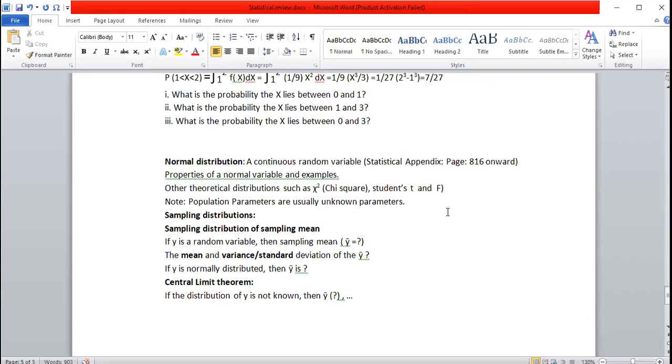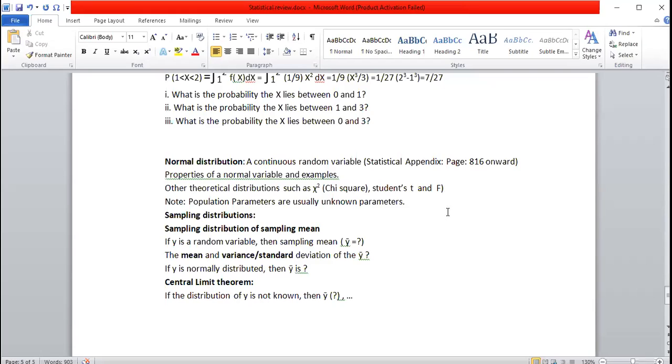Can you find the mean of that sample? Let's say you asked 100 teachers about their monthly income. Can you find a mean? How do you find the mean?